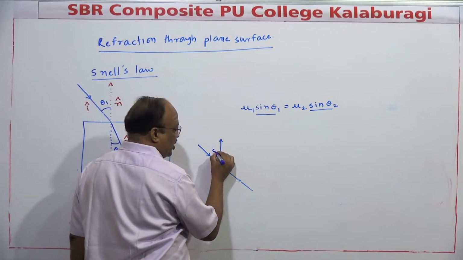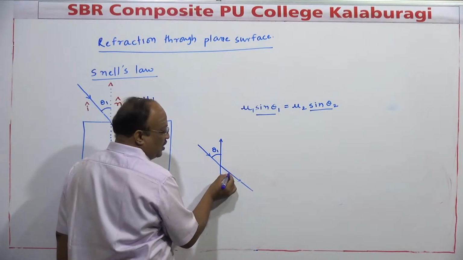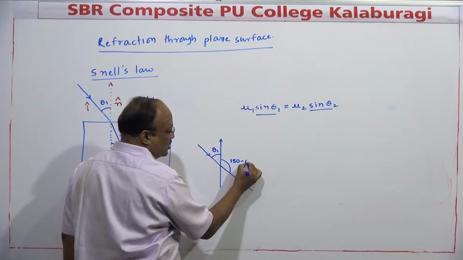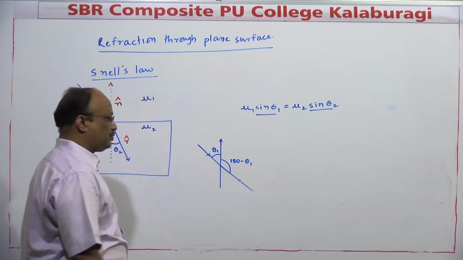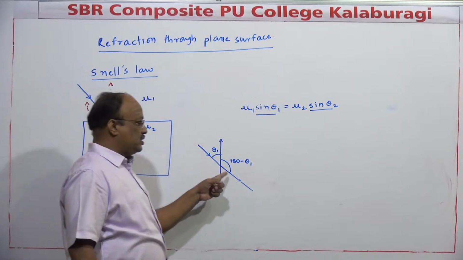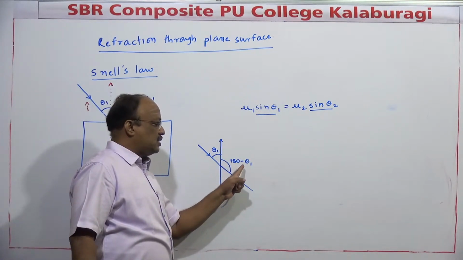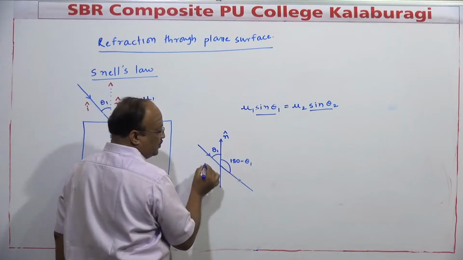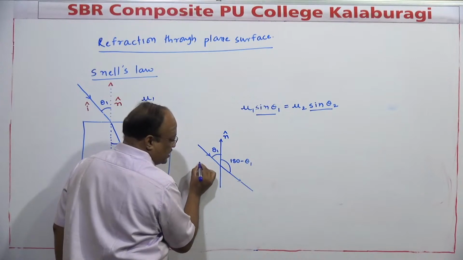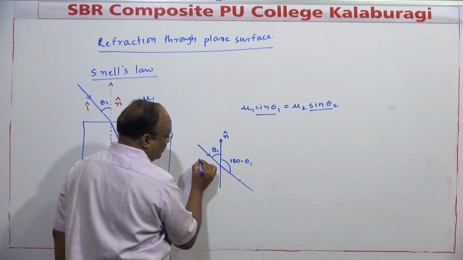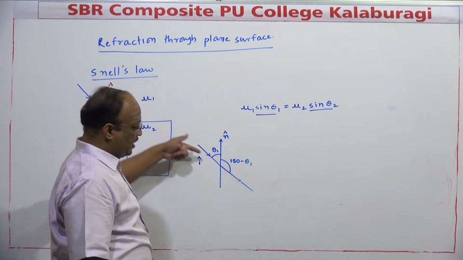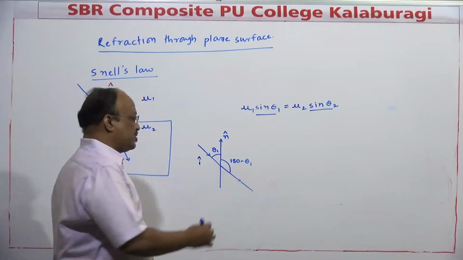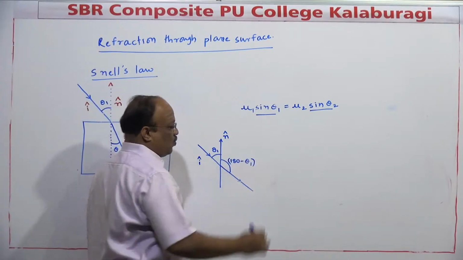So this is our theta 1, and this angle I can write as 180 minus theta 1. This is our n cap, and this direction is our I cap. It is 180 minus theta 1.